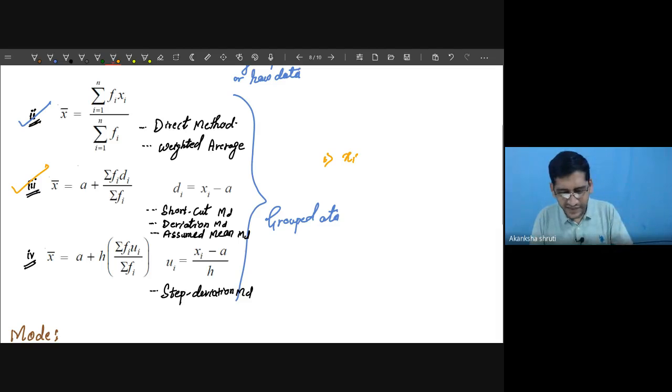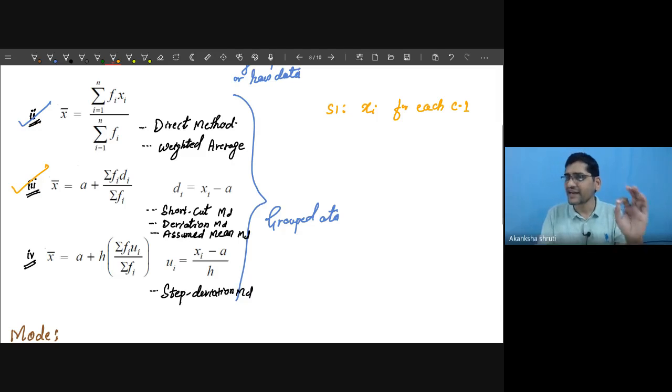Then I'll write this in step form. Step number 1 in all these methods is to calculate xi for each class interval. xi is the class mark.